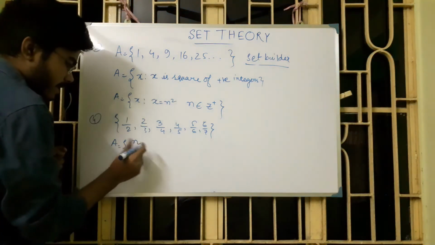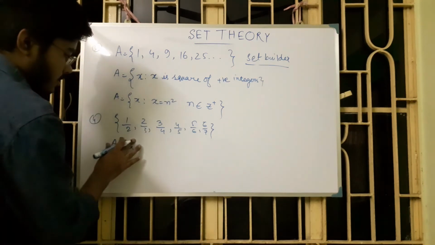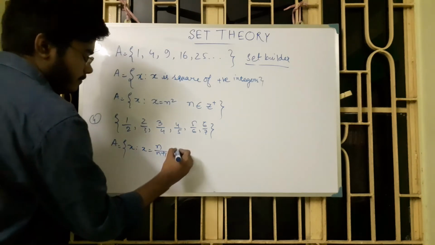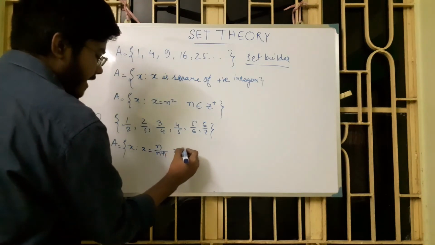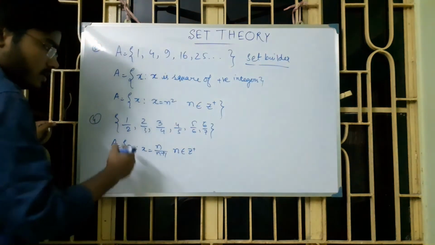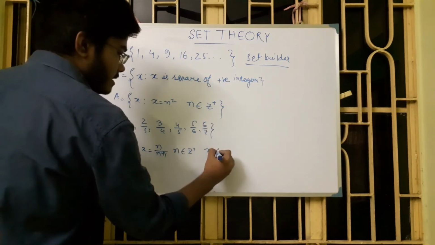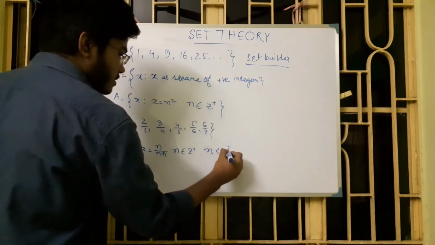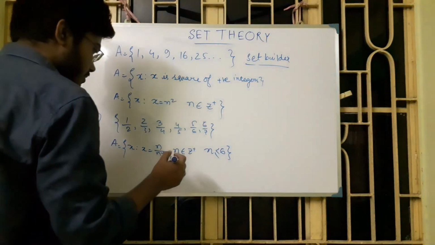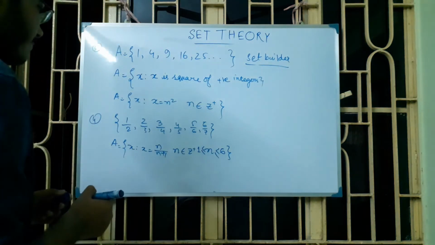So we can write that x is represented by x equal to n by n plus 1, where n belongs to z plus, positive integer, and n is less than or equal to 6. N is starting from 1 up to 6.